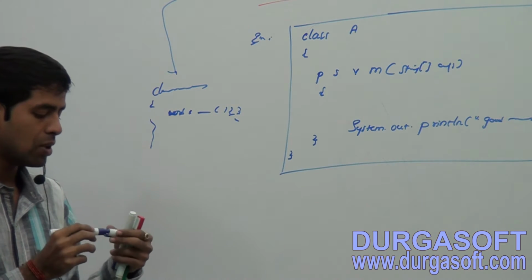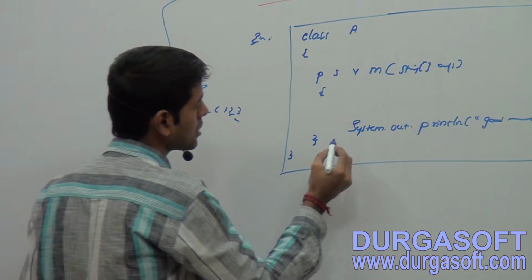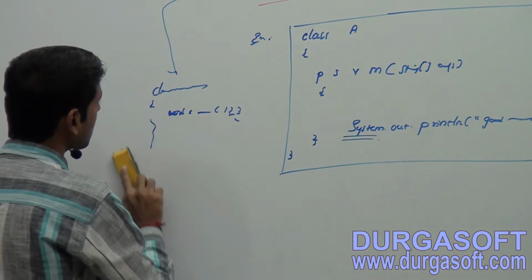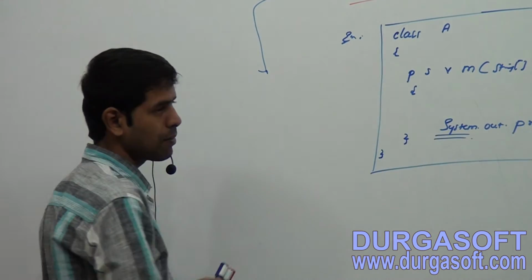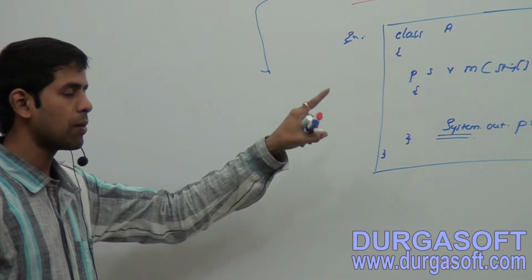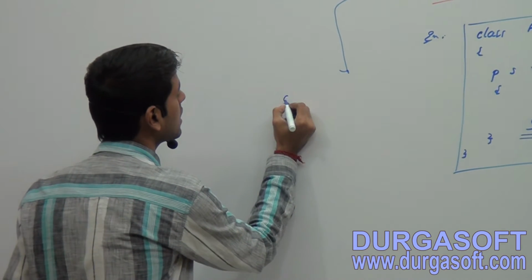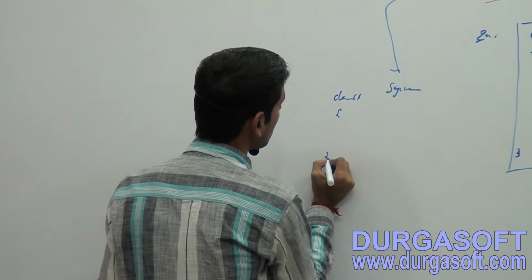The best example, observe here: where is System available? It is available within the lang package only. System is a class available within the lang package.